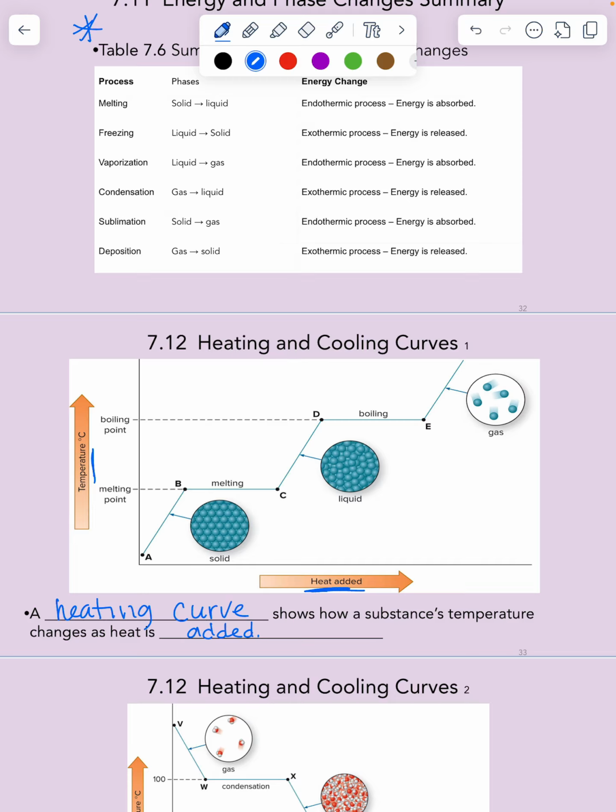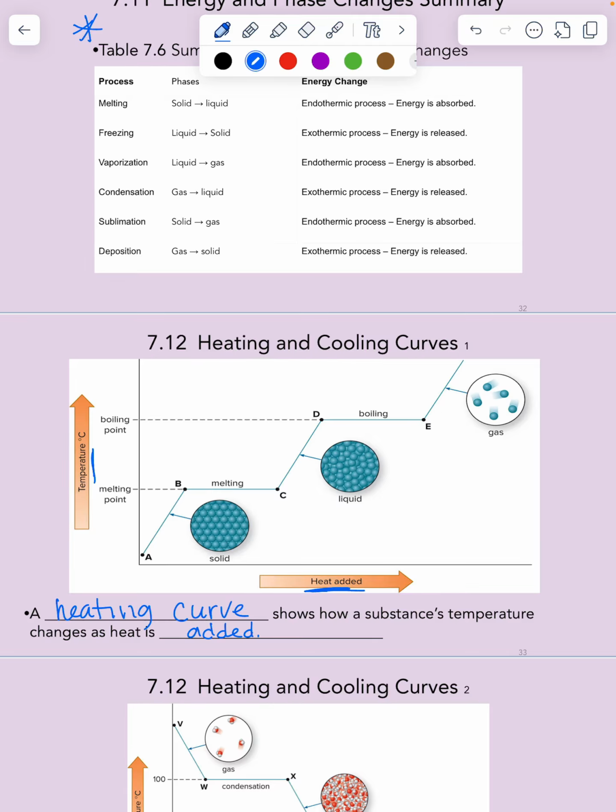Then the temperature can increase again. So when we were looking at our equations a moment ago, anywhere that the temperature is increasing, to calculate the energy, for example, from point A to point B, you would use the MCAT equation. So Q equals MC delta T. I call these the slants.